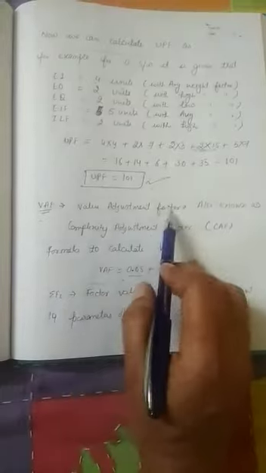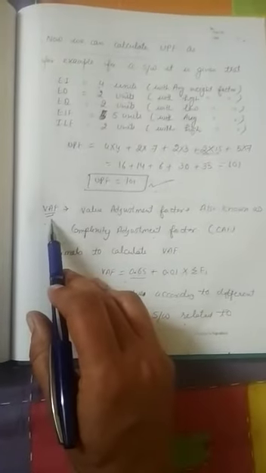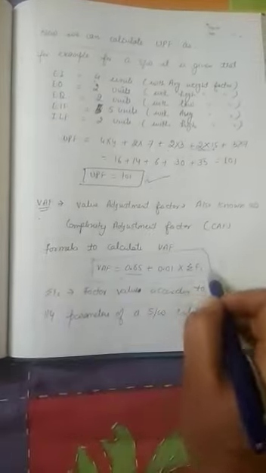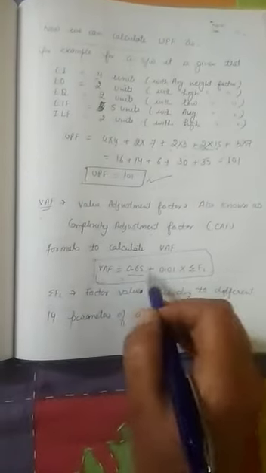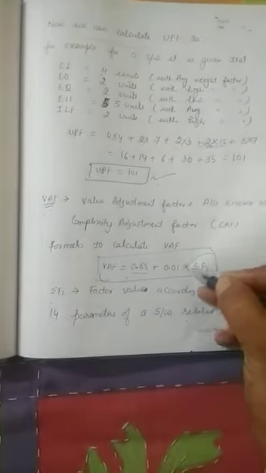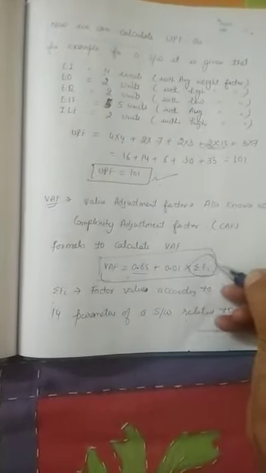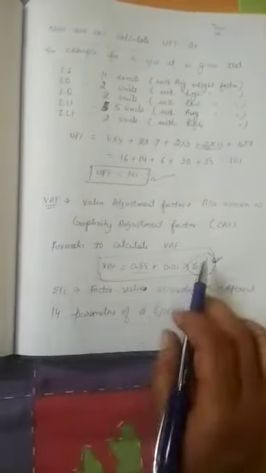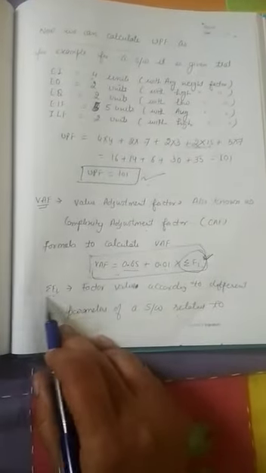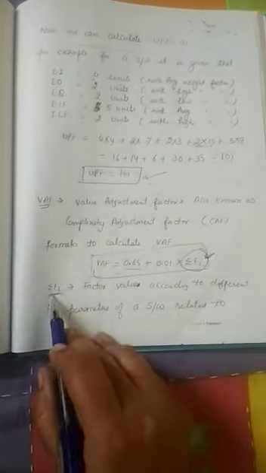Now VF is calculated. VF is value adjustment factor. VF is calculated with the help of a formula, that is 0.65 plus 0.01 into summation Fi. Now we have to understand what summation Fi is. It is the summation of influence factors.